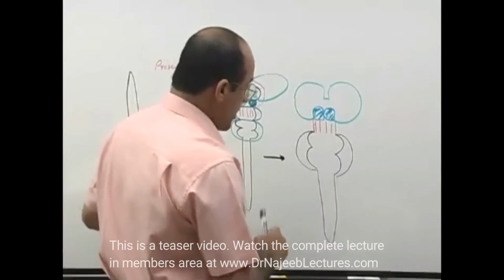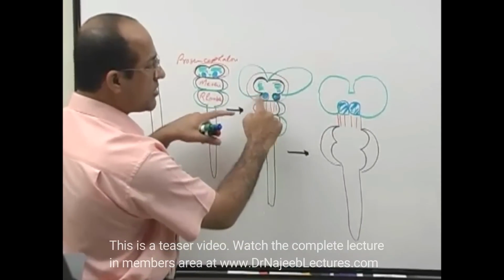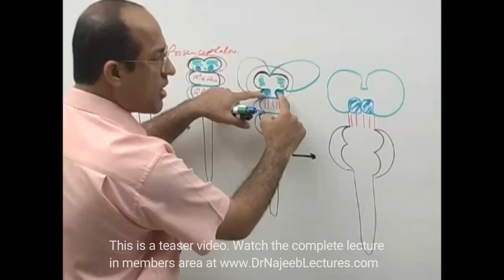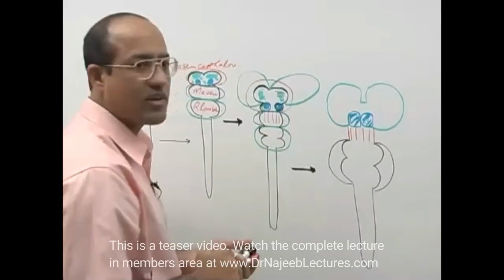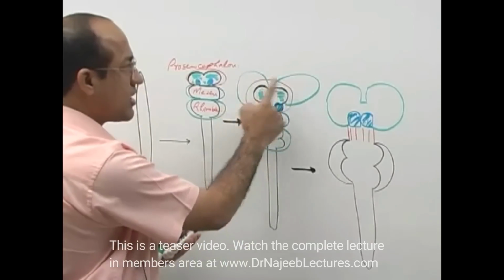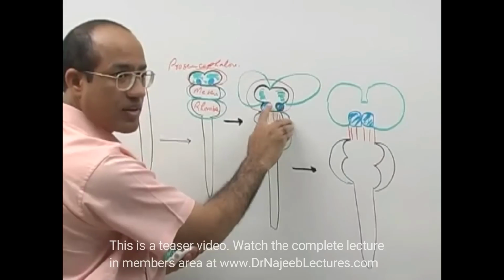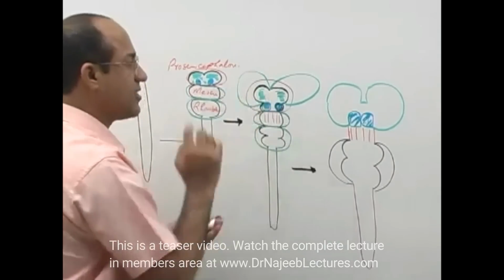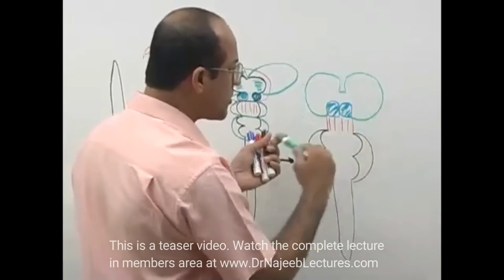Now, out of the prosencephalon, these two swellings which develop, the outer swelling is called the telencephalon. And the inner swellings are called the diencephalon.